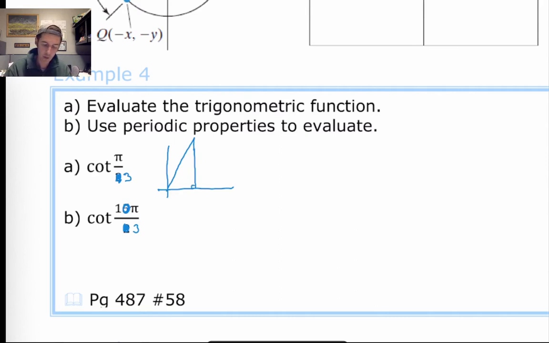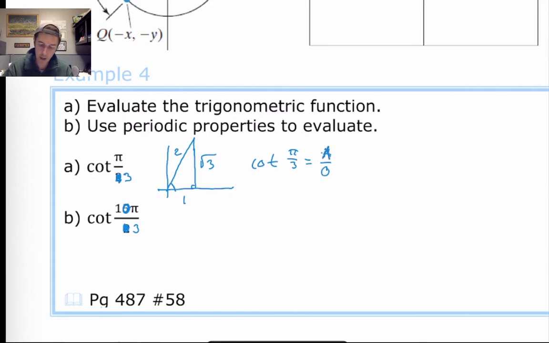There's our right angle. My reference angle is the pi over 3, which is 60 degrees. My hypotenuse is 2. My short leg is 1. The long leg is root 3 because the root 3 is across from the 60, and the 1 is across from the 30 degrees. And cotan of pi over 3, cotan, let's see, tangent was opposite over adjacent, so this must be adjacent over opposite.